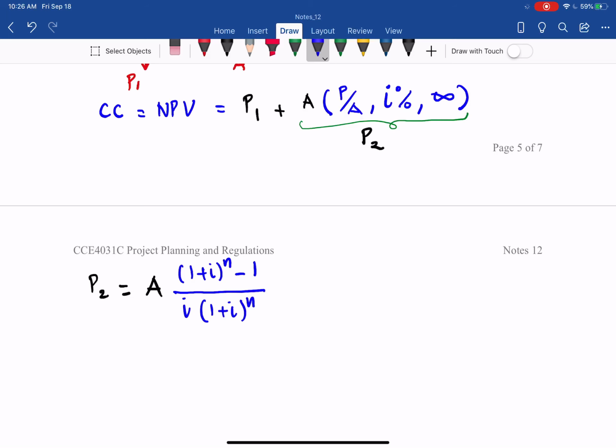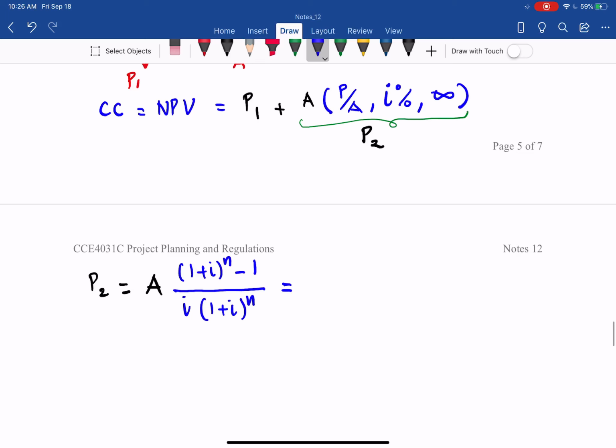And when you say infinity, then in your calculus, you have to take the limit. Remember that. So with that, we can take the limit of n go to infinity of that factor. That factor equal to 1 plus I power n minus 1 over I 1 plus I power n.